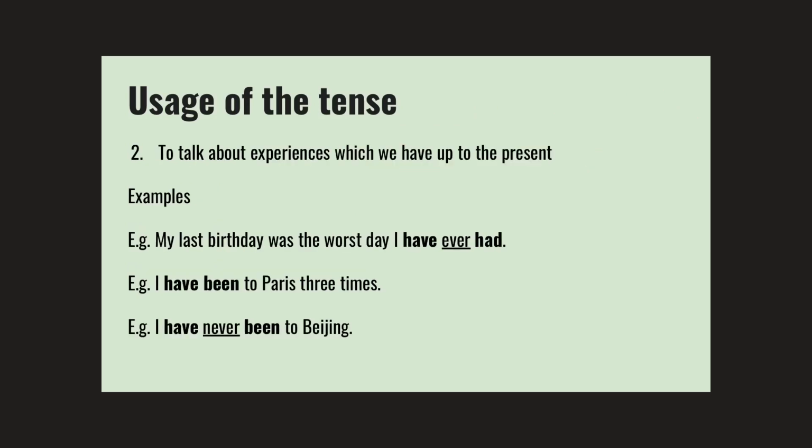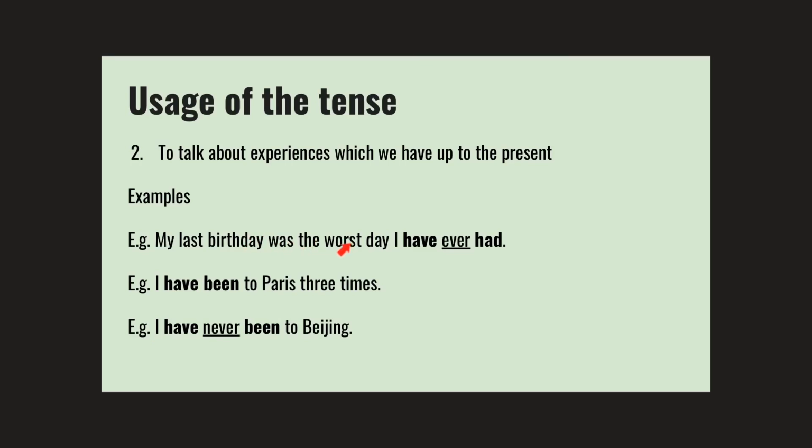Another use for present perfect tense is that we use it to talk about experiences which we have up to the present. So when we are talking about experience, once you have the experience, no one can take it away. So for example, my last birthday was the worst day I have ever had. All right. So the last birthday was the worst.